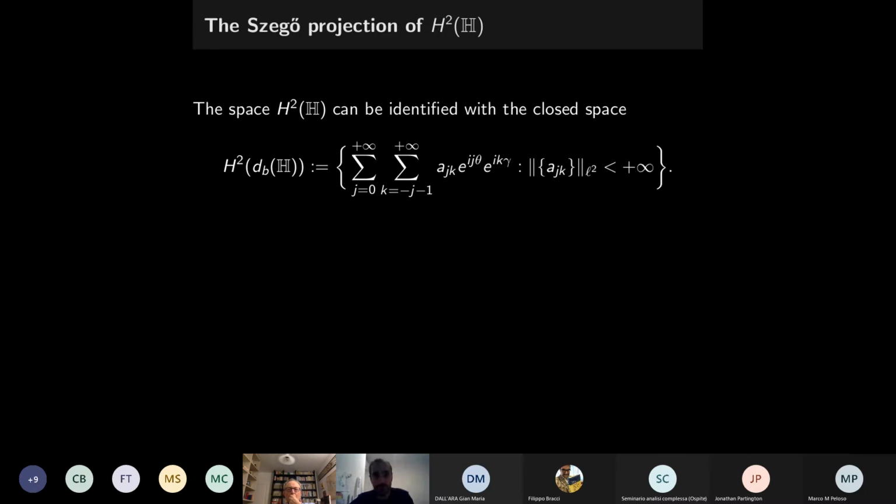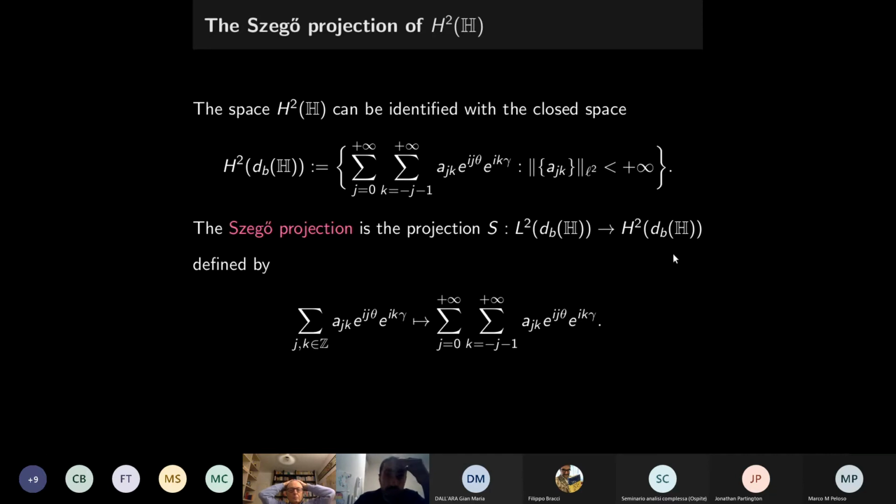Okay, so now that we have a Hardy space on the triangle, we can study the Szegő projection. Our Hardy space can be identified with a space on the distinguished boundary of the domain. So H2 of the domain is the space of functions that look like this, with a restriction on j and k, where the coefficients are in L2.